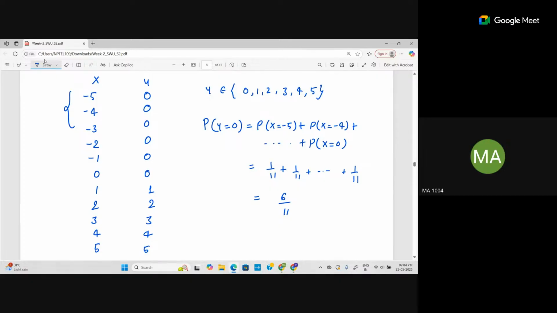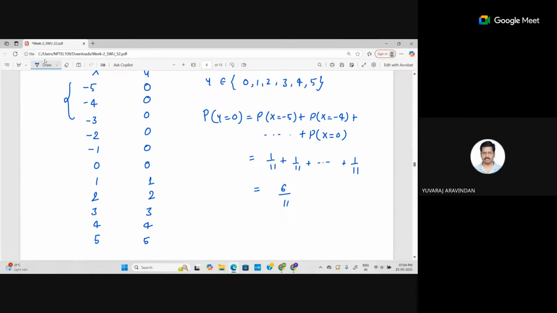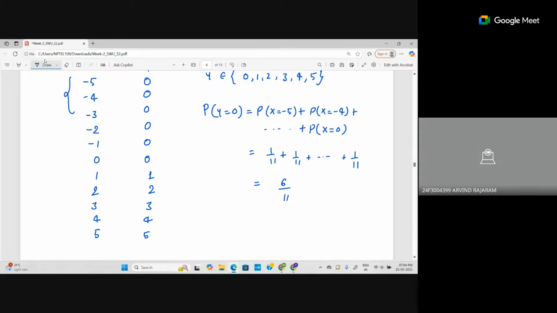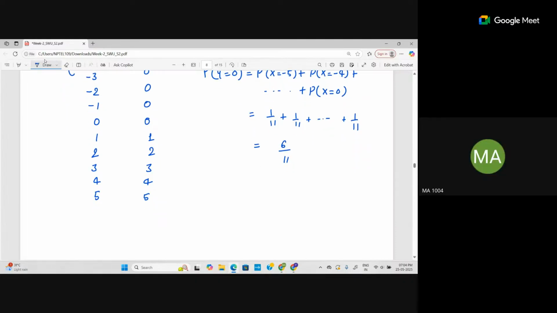Is it correct? Yeah, it's correct. Please proceed. Because for x greater than 0, y is x. For y equal to 0, x is 0 here also.